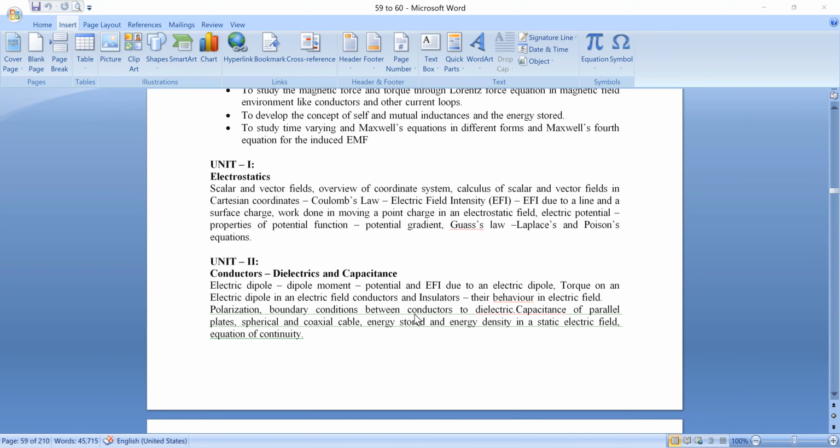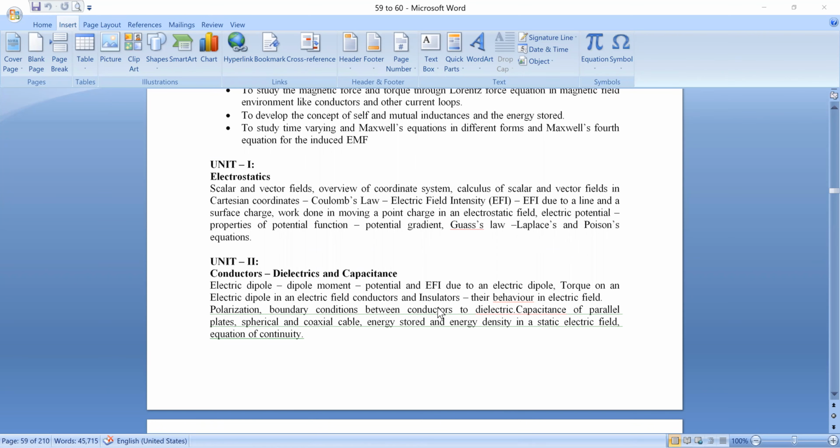Before discussing the differences between conducting materials and dielectric materials, how the electromagnetic waves move from one medium to another medium: here we take the conductor as one medium, that means the first medium, and the dielectric as the second medium.